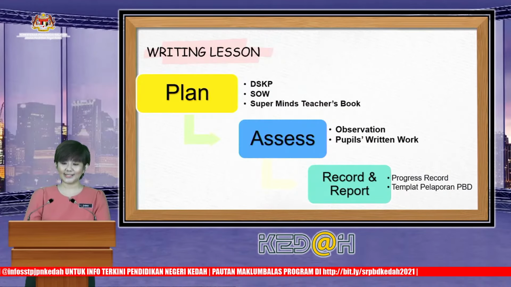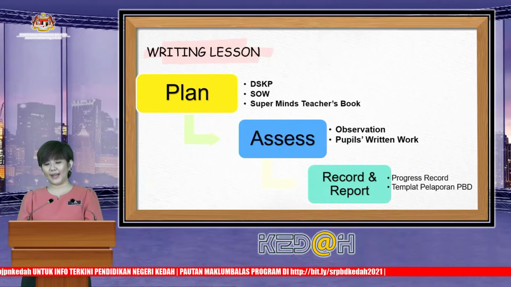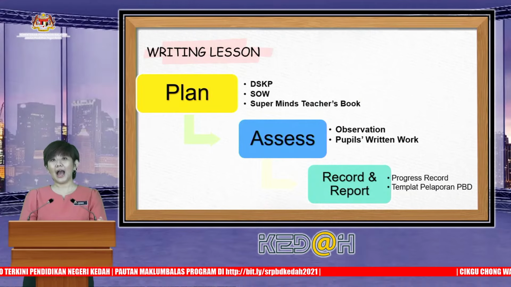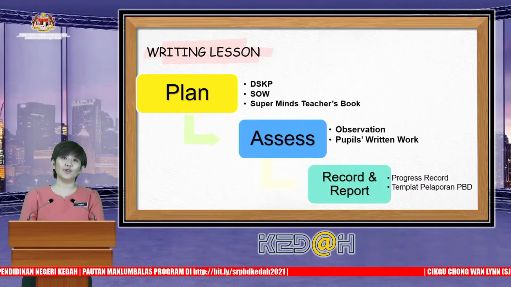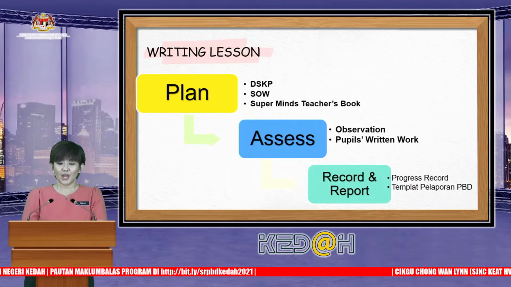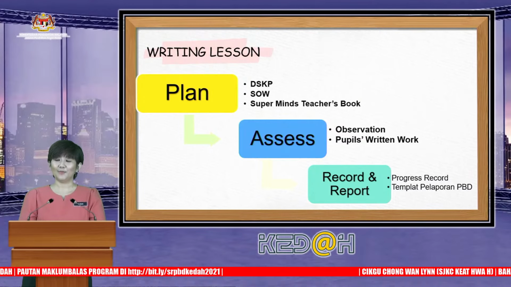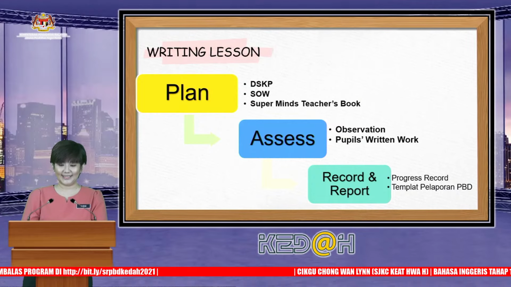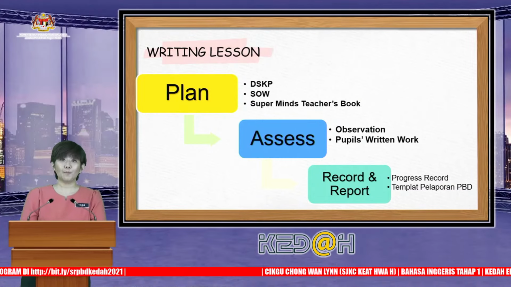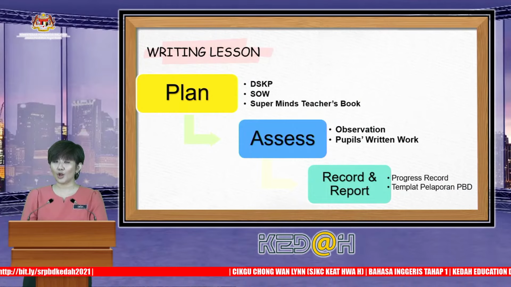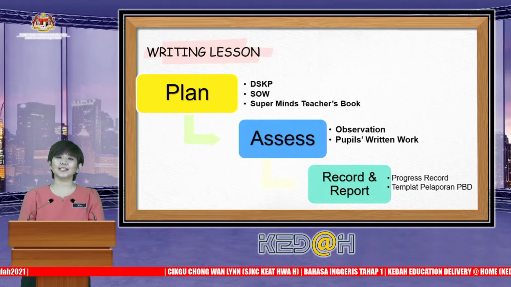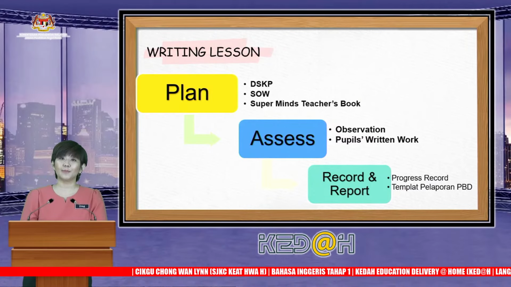For today's session, I will first explain how I would carry out my lesson, or rather how I carried out this lesson with my pupils last year. Like any other teacher, before the lesson, I would first plan the flow of the lesson, based on the curriculum documents that we have, which are the DSKP, the Scheme of Work, and the Supervised Teacher's Book.